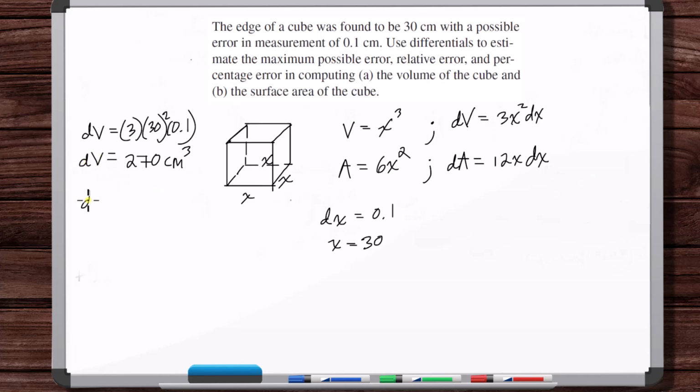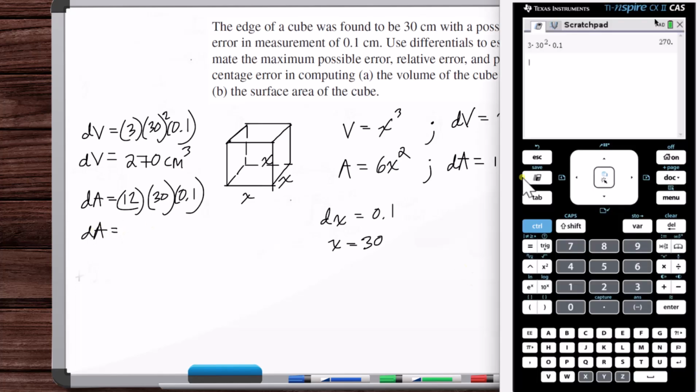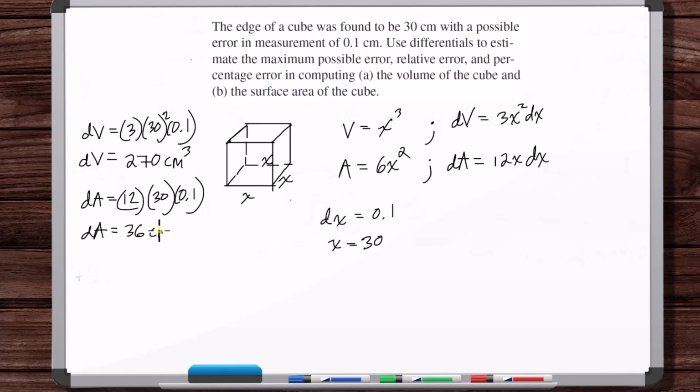And then dA is 12 times 30 times 0.1, which is 36, in square centimeters.